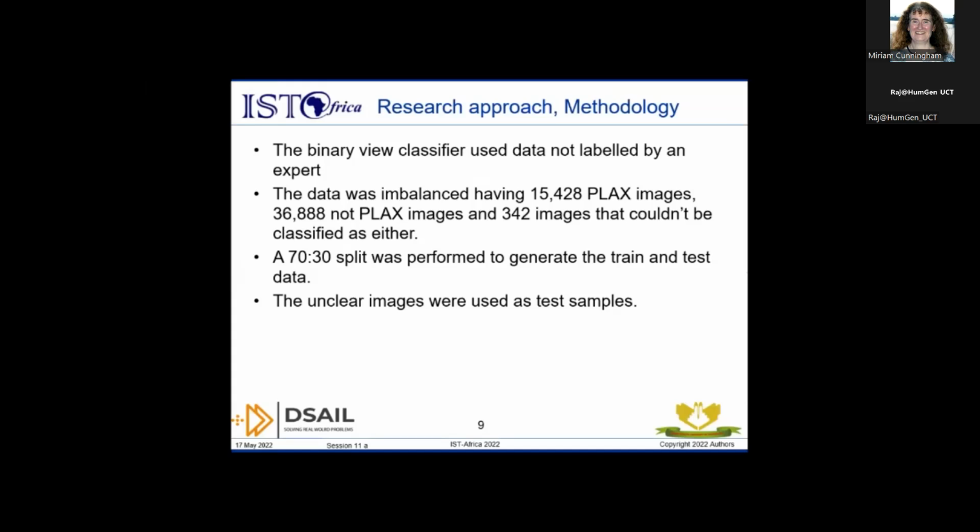We had more not Plaques images and fewer Plaques images. Then there were 342 images that I could not classify as either Plaques or not Plaques. We performed a 70-30 split to generate the train and test data, and the 342 images that were unclear were used as test samples.